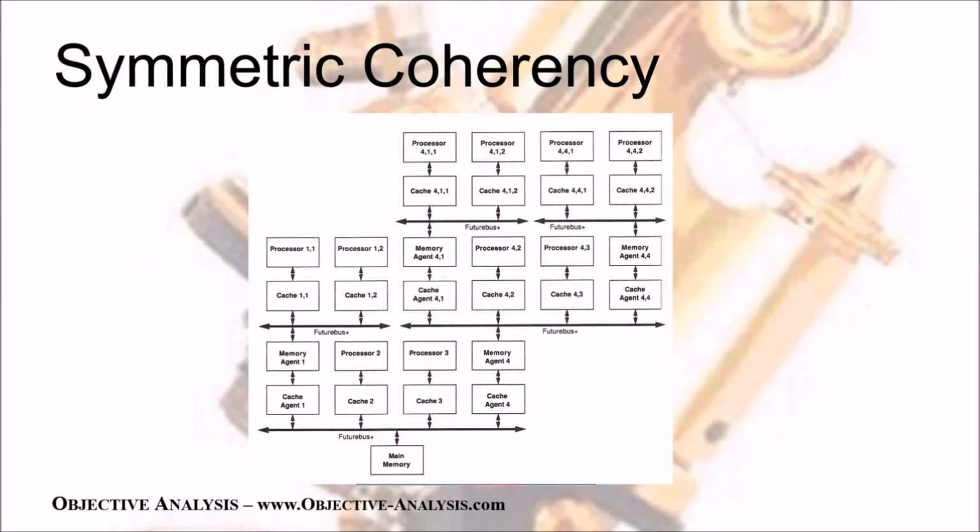So even if the processor in the upper right side wants to access an address whose most current copy resides in the cache at the far left side of this diagram, it will be directed through a memory agent, then another memory agent, not to read the memory, but to go through a cache agent 1 to the upper left bus, where it will find the current data in cache 1-1. This is an example of symmetric coherency.